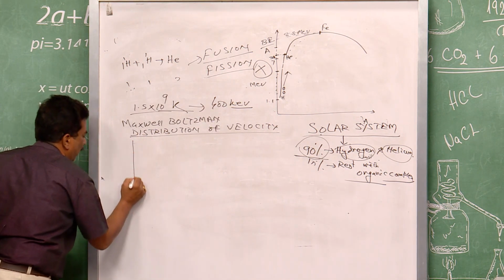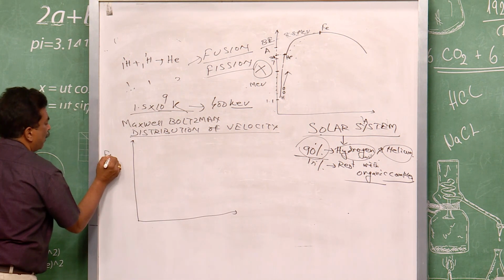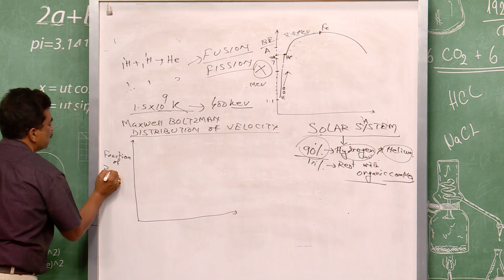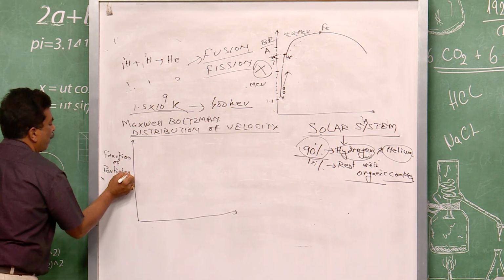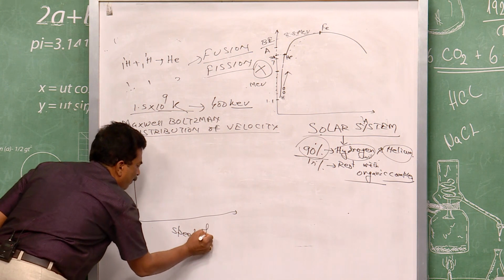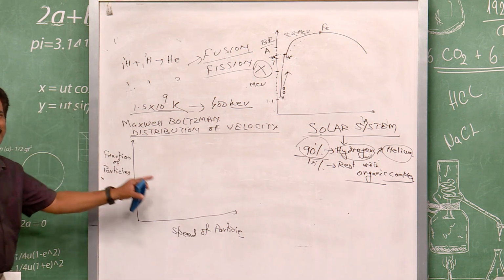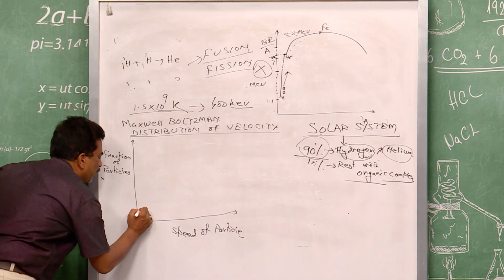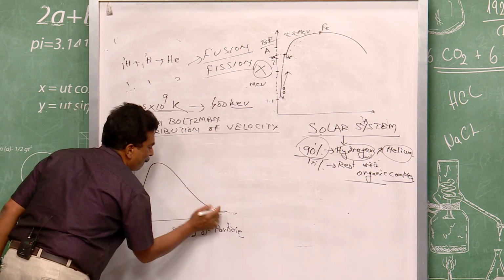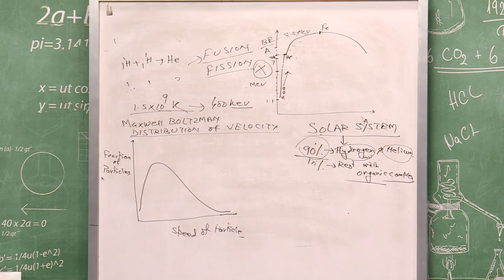According to that, if this is the fraction of particles and this is the speed of a particle, the fraction of particles against speed is taken, and the graph will look like this.